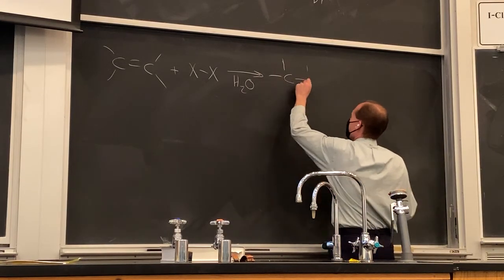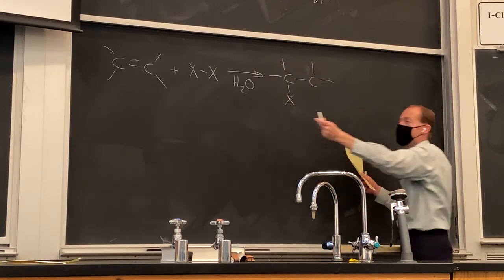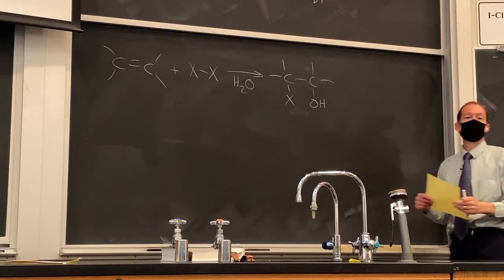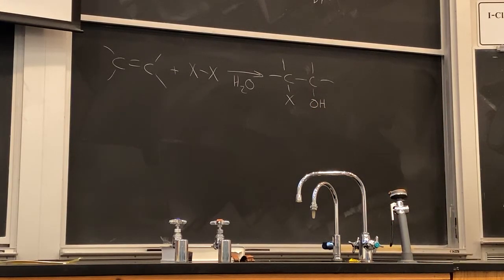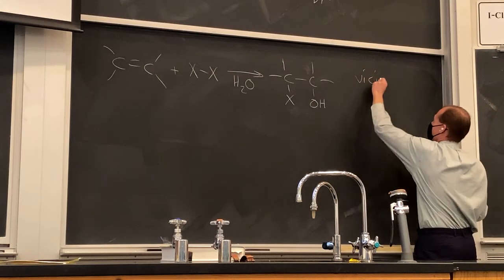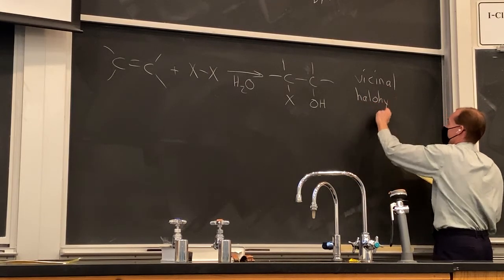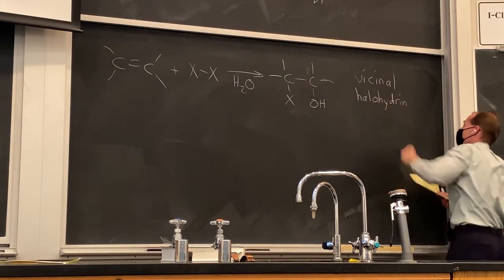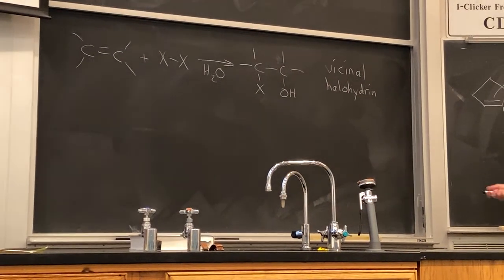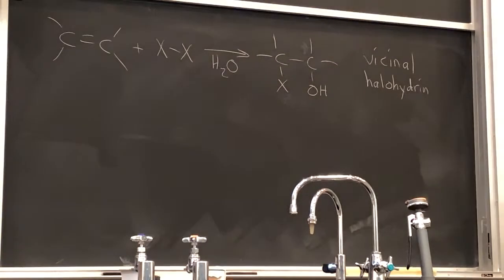And instead of adding 2 halides, 1 to each carbon, we're going to add an OH to 1 carbon and a halide to another carbon. So this product is referred to as a vicinal halohydrin. Vicinal meaning adjacent carbons, halohydrin telling us that we have a halogen and an OH group.